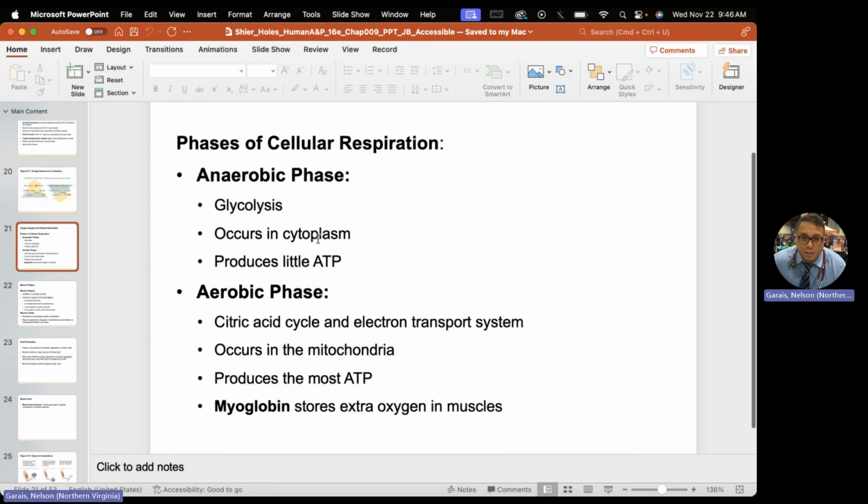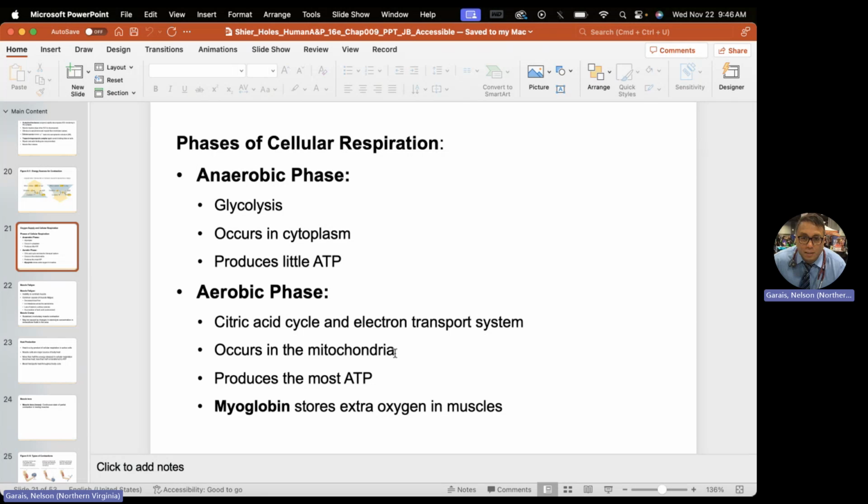Aerobic phase: we know that anaerobic doesn't do much, little ATP. The aerobic phase makes a lot of ATP, especially in the mitochondria with the electron transport chain making up to 32 ATP. Now, remember when we did that diagram, where does oxygen insert into? It inserts into the aerobic phase, which is in the mitochondria.